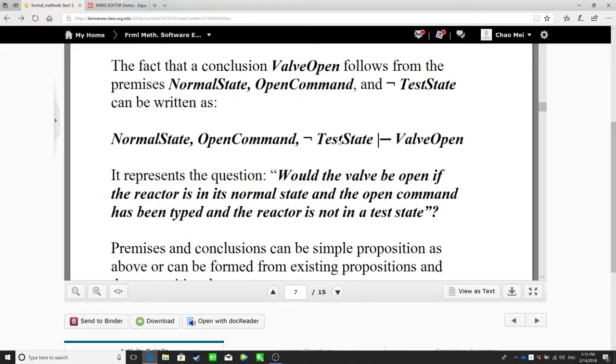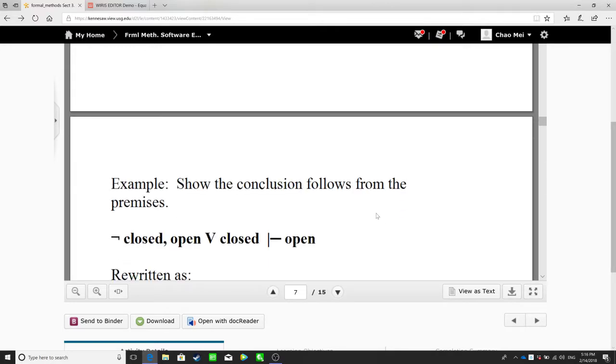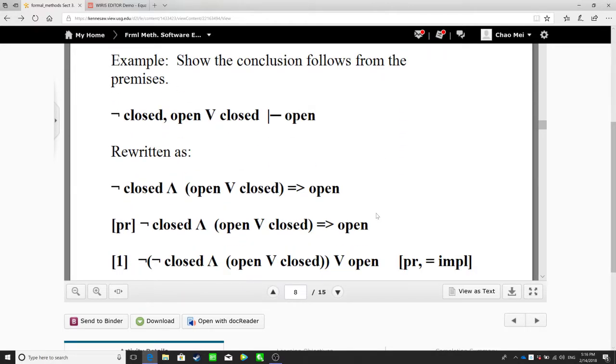Right, because we didn't give any other conditions, it's not enough. We don't know the relationship between these things: the normal state, the open command, the test state, the valve open. We don't know anything there. This is just an example to let you see that this is the premises and this is the conclusion. Next we can do something there: show the conclusion follows from the premises.